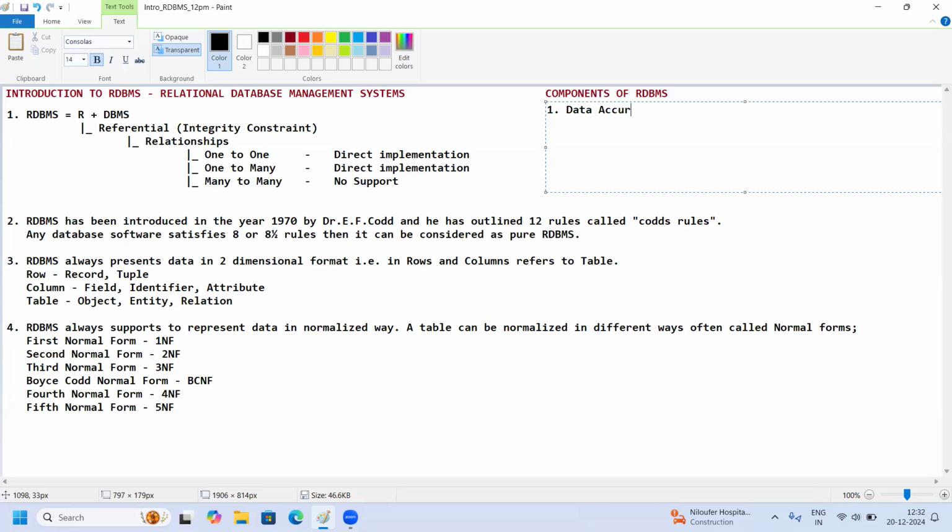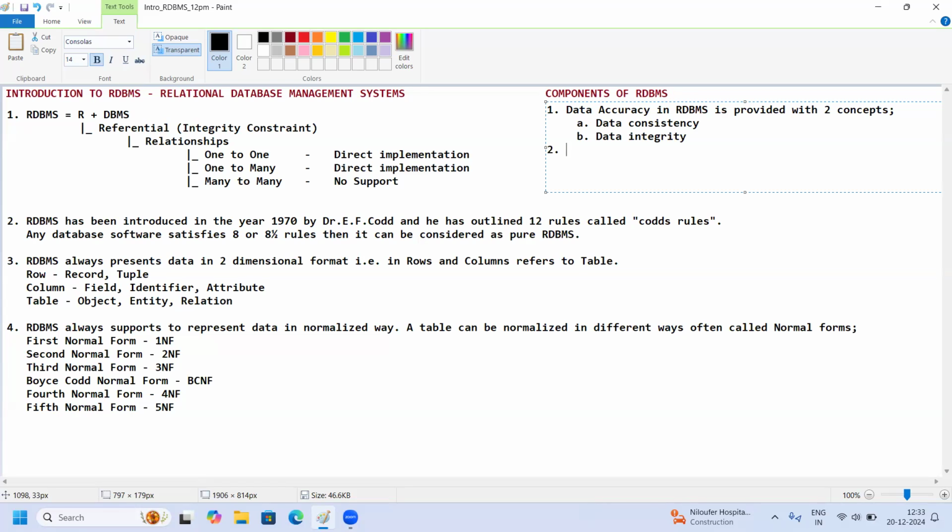Data accuracy in RDBMS is provided with two concepts: first, data consistency; second, data integrity.